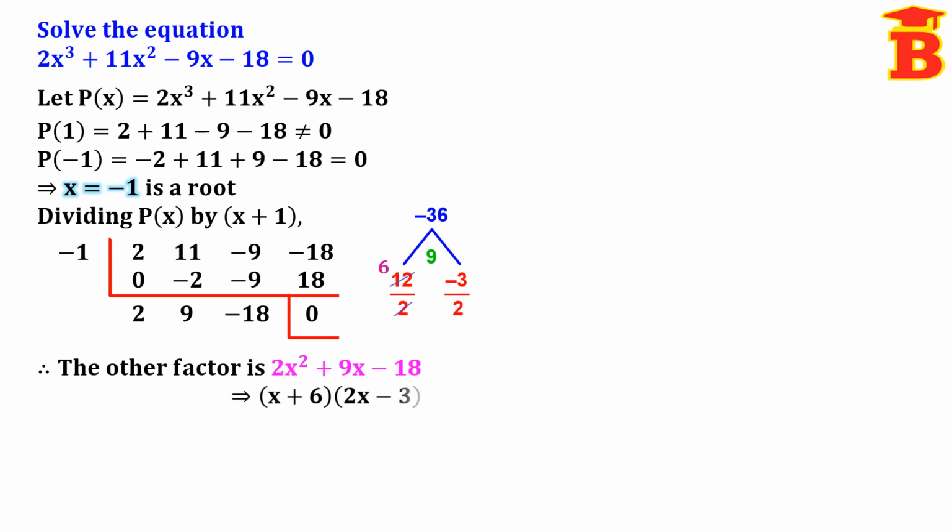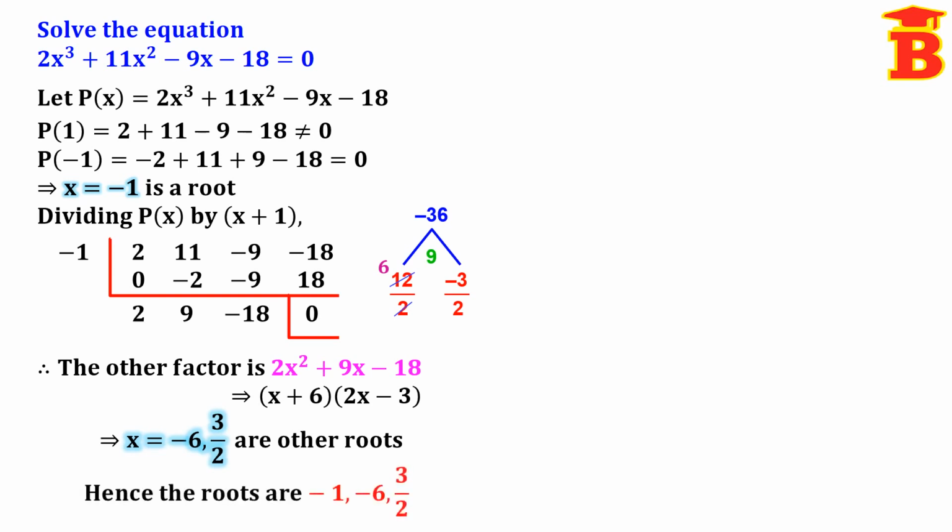So we get the factors x plus 6 into 2x minus 3. This implies x is equal to minus 6 and x is equal to 3 by 2. And finally write all the three roots. In the starting we have minus 1 as a root and finally we have got minus 6 and 3 by 2. So these are the roots.